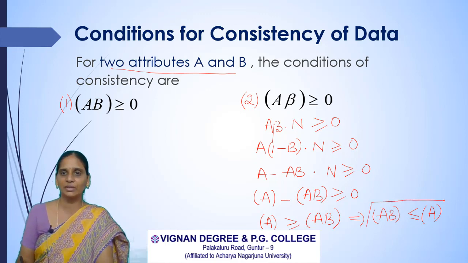Then we get frequency of AB is less than or equal to frequency of A.